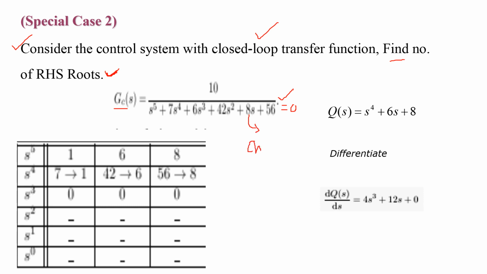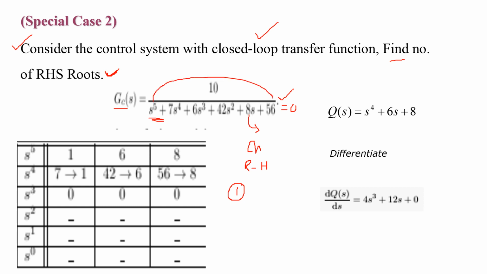Before going to the RH table, we have to check condition 1 as well as condition 2 in the procedure. In the first point, we have to identify whether all the coefficients in the characteristic equation are real and have the same sign or not. This is the characteristic equation from highest power to lowest power.